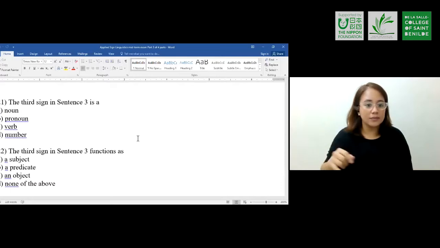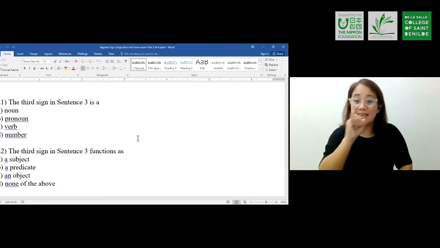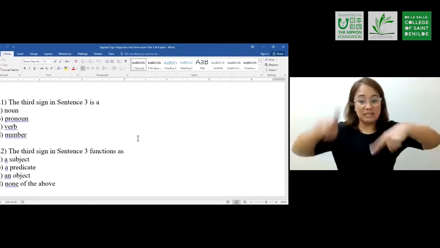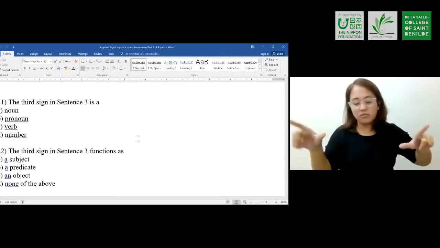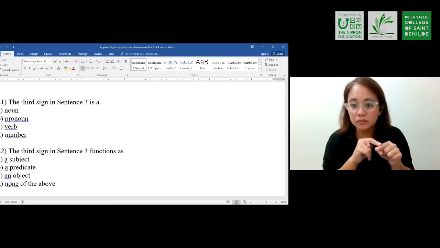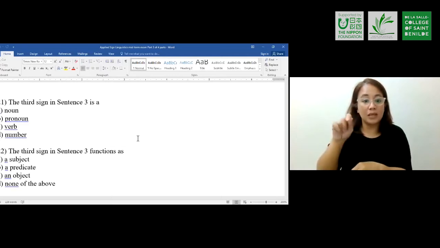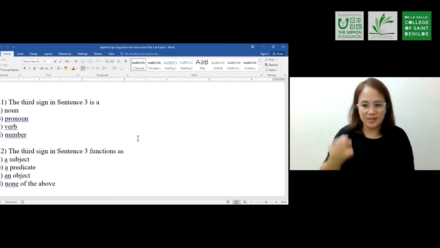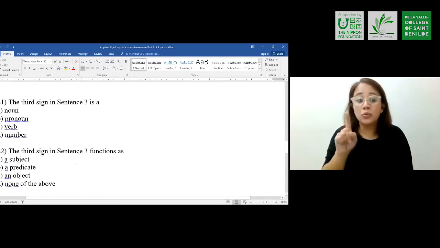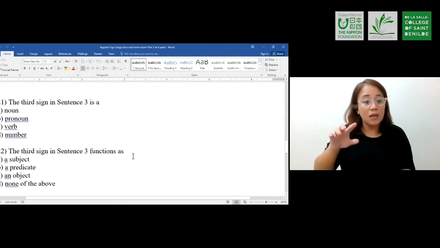In English, we have the verb is, but in signing and many other languages, we don't have a verb to be. We just say man tall. Okay, so that functions as a predicate, even though it's an adjective. Okay, so the answer to number 22, the third sign in sentence 3, which is man, functions as B, a predicate.